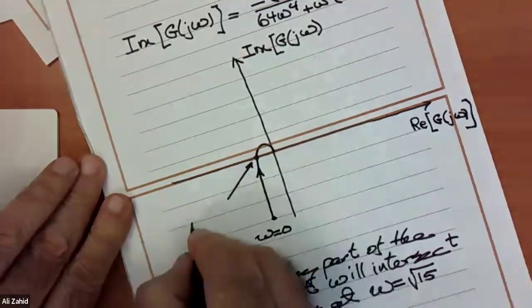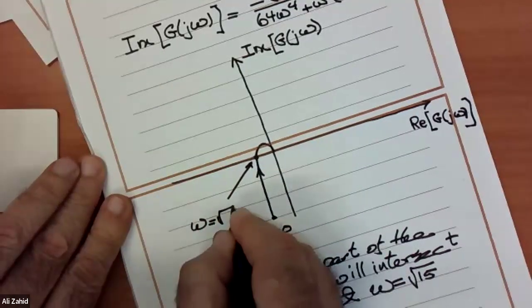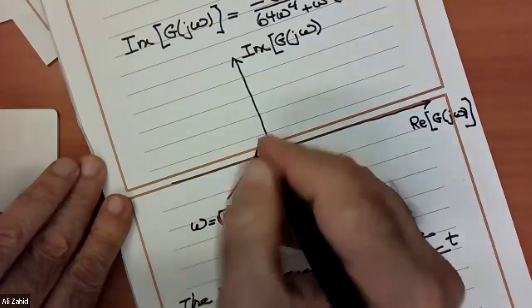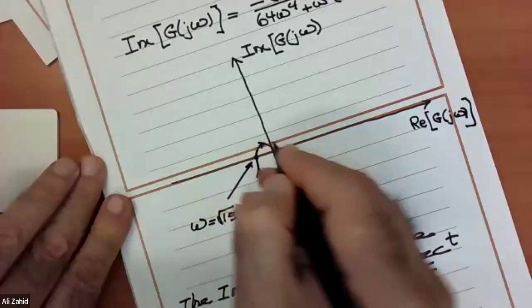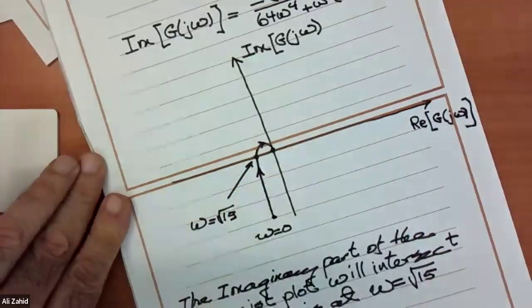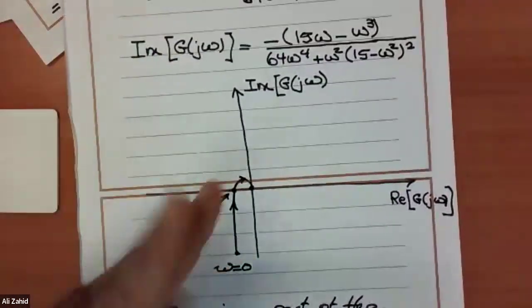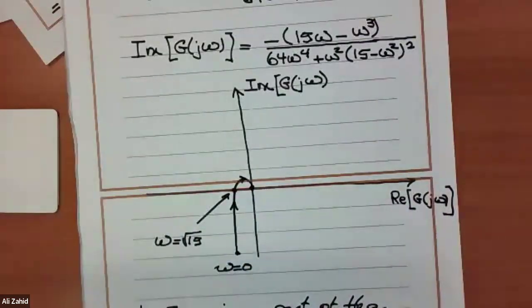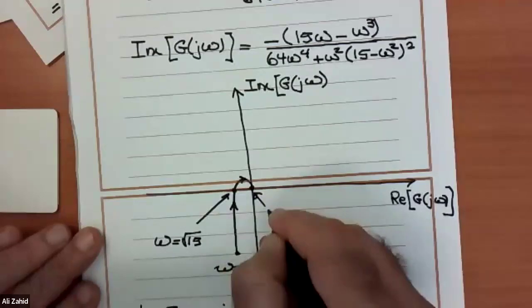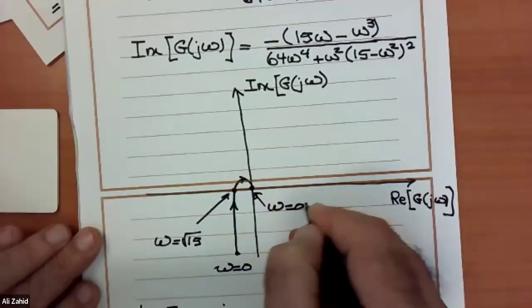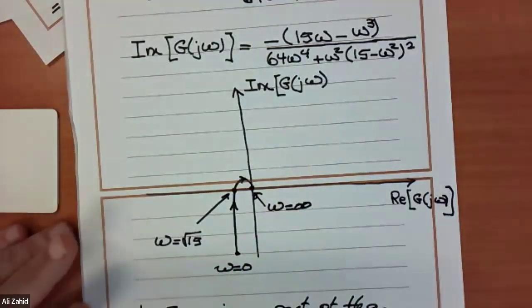Omega equal to square root of 15. Continue, I keep increasing omega. Can you tell me what this is? Infinity. Why? Same reason as before, you'd need to use L'Hopital's rule, and I get 1 over infinity, which is 0. This is omega equal to infinity. Did you get it?